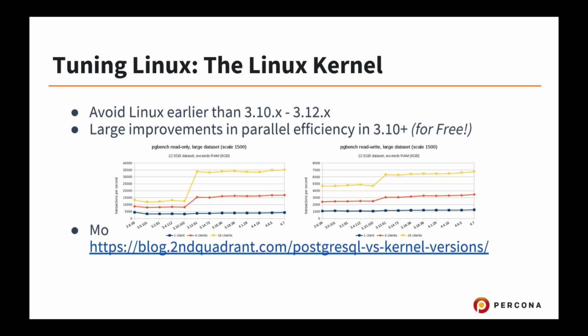So these lines in the graph that are going up are not from any massive change, but just the Linux kernel being upgraded. It's a good demonstration of my point that every time your database needs to do something, it goes through the kernel, and it's very important to make sure you're getting all the improvements from it.